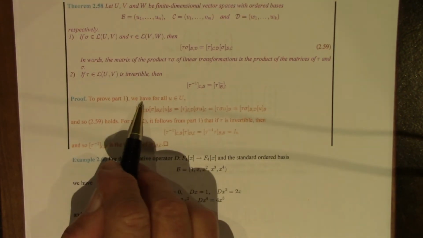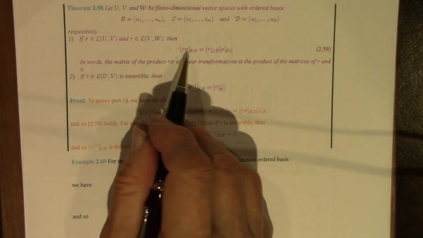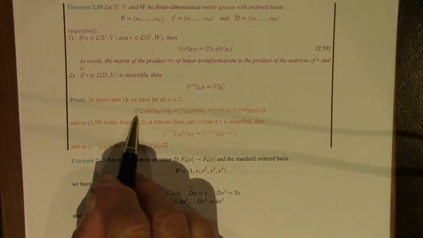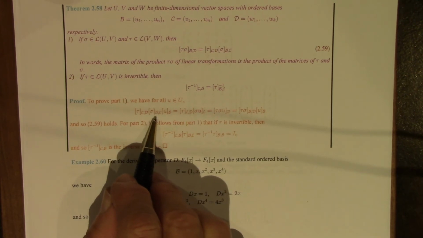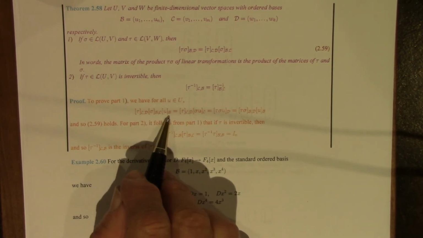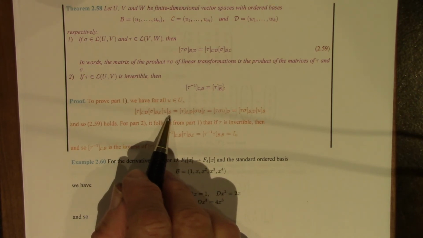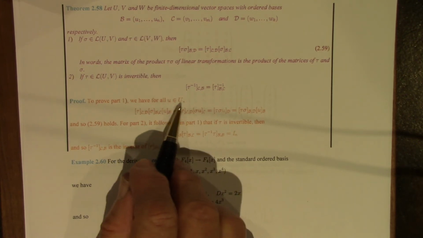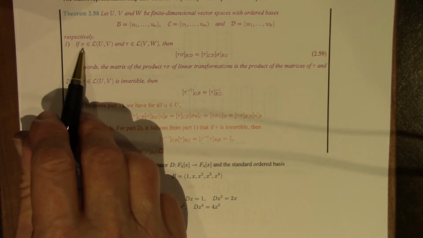Proof here goes like this for part 1. We want to show that these two sides are equal. So let's start on this side. We have the matrix of tau with respect to C and D times the matrix of sigma with respect to B and C. We apply that to an arbitrary B-coordinate matrix, the B-coordinate matrix for an arbitrary vector little u in capital U. That's the domain of sigma.